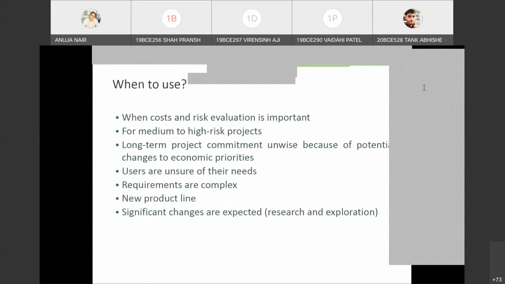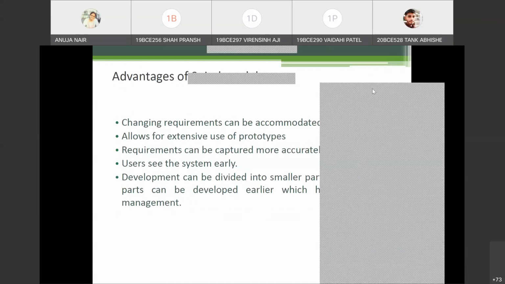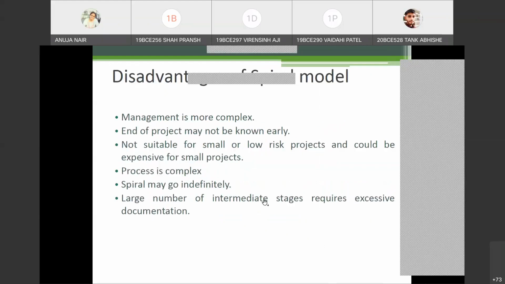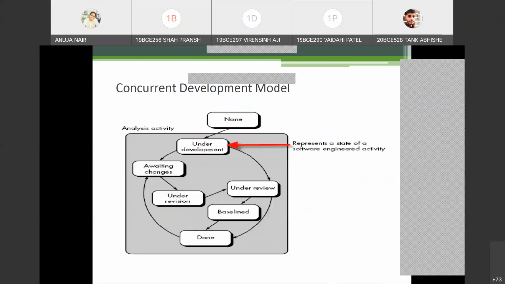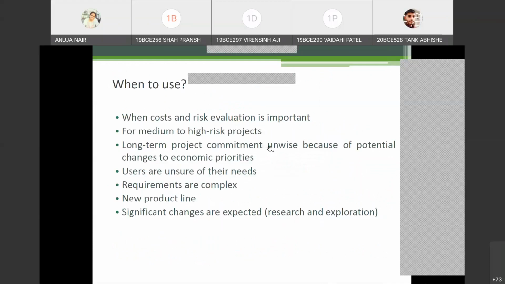Long-term project commitment is unwise because of potential changes to economic priorities. That is because of budget. Users are unsure of their needs because a spiral is moving.